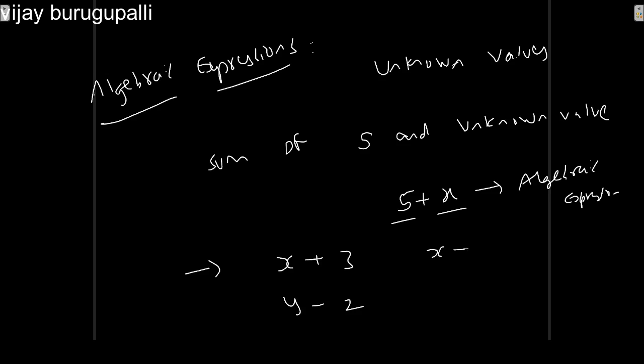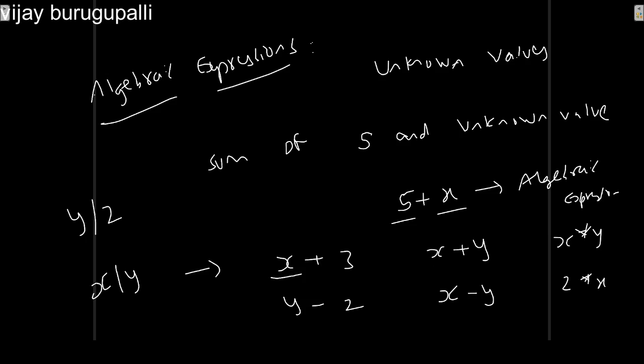For example, you can write x plus y, x minus y, x into y, 2 into x, y by 2 or x by y. All these are algebraic expressions because they consist of unknown terms, unknown values.